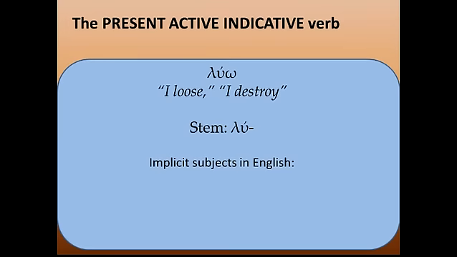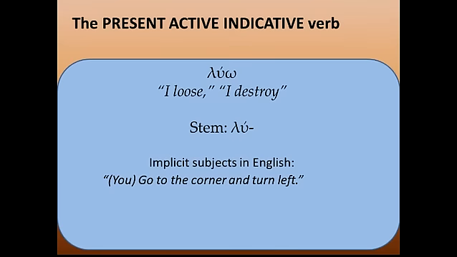In English, we sometimes have implicit subjects. If I say go to the corner and turn left, what is the subject in that sentence? Well, if you were taught grammar the way I was taught grammar, we would call the subject you understood. We understand that this is a second person instruction. It is talking to someone saying you go to the corner and turn left, except we don't state the pronoun you.